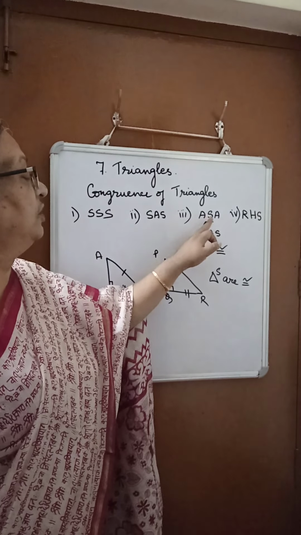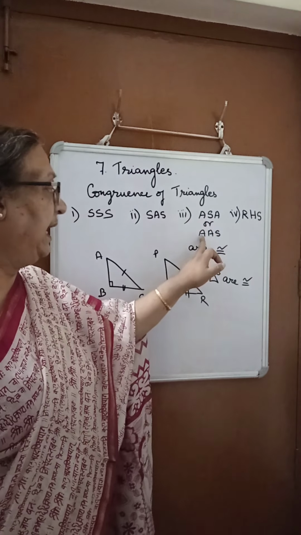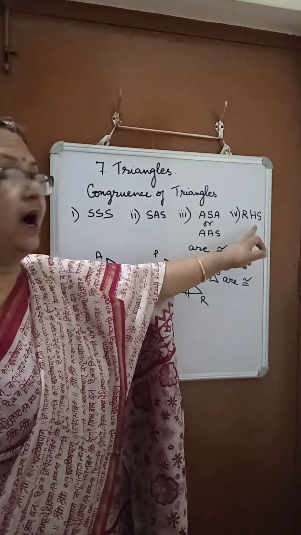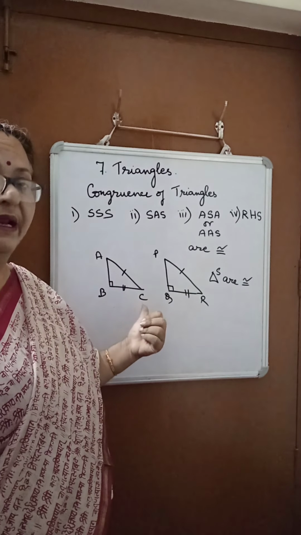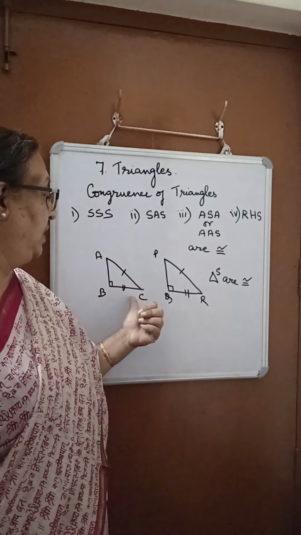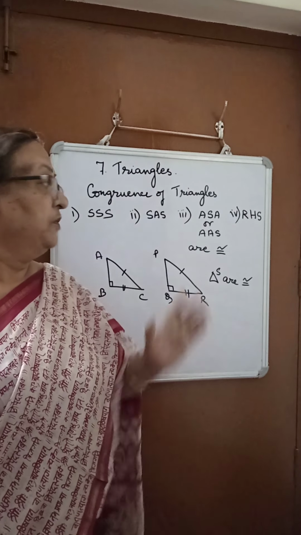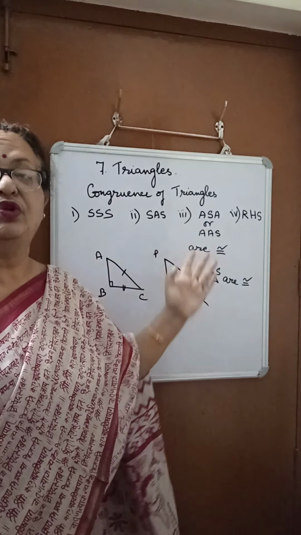It can be two angles and the side between them, or any two angles and one side, or it can be RHS. That is, if the triangles are right triangles, hypotenuse equal and one side equal, then the triangles are congruent. So these are the criteria for showing two triangles to be congruent.